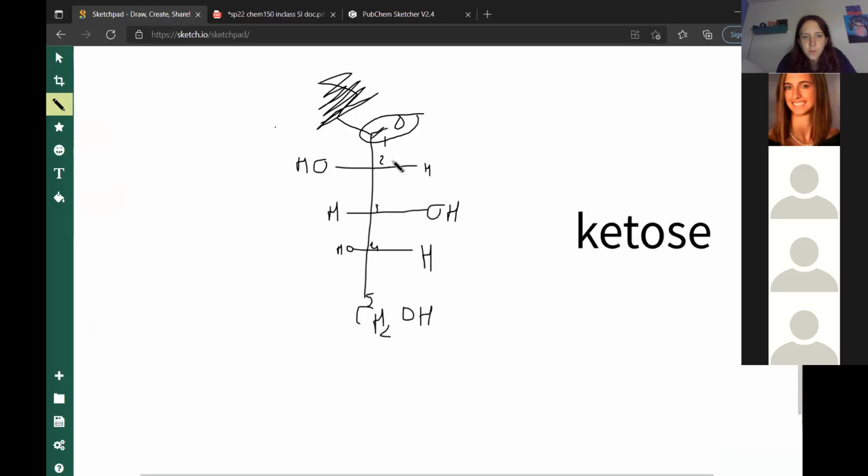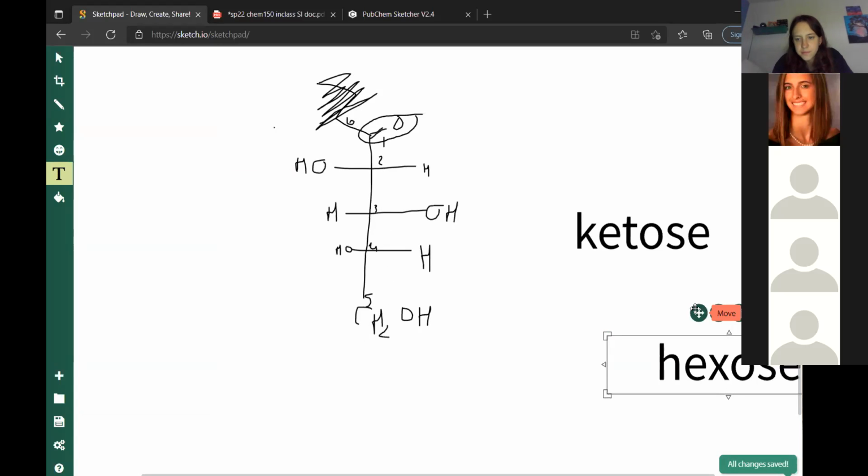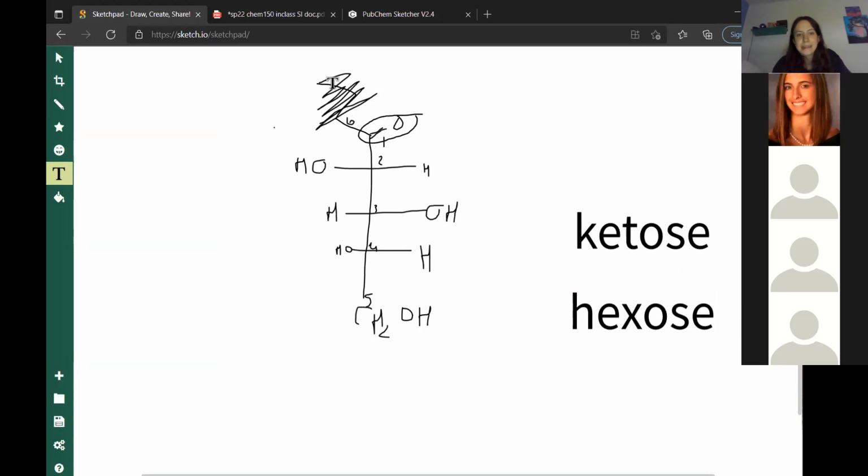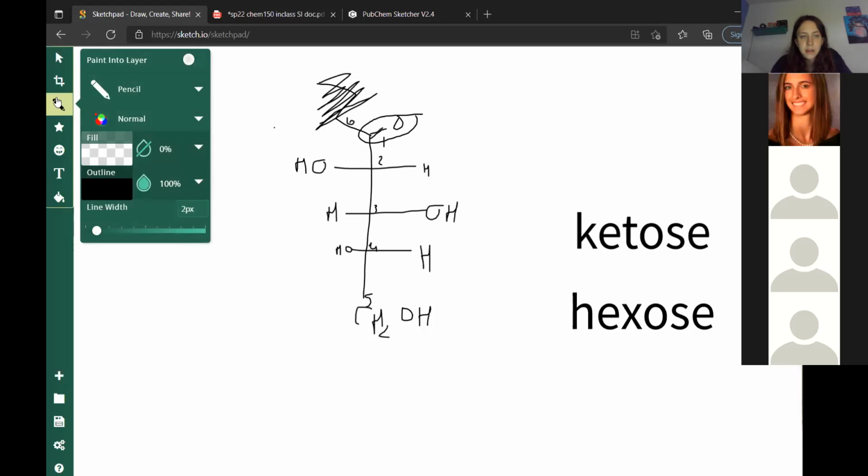So I'm actually going to start. So 1, 2, 3, 4, 5, 6. I just wanted to get rid of that so we wouldn't have to do anything complicated with naming. So there are 6 carbons in the sugar, which would make it a hexose. So this is a ketose because of the ketone at the top, and a hexose because there are 6 carbons total in the molecule.